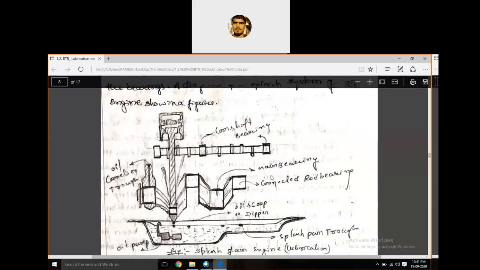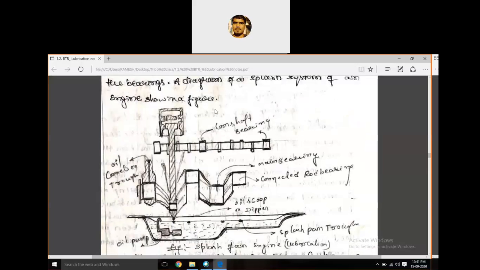This is a typical diagram of a splash system or splash lubrication. Here, this is the oil pump which pumps the oil into the reservoir and splash pan. Here, this is a splash point. It's an oil scoop or dipper.